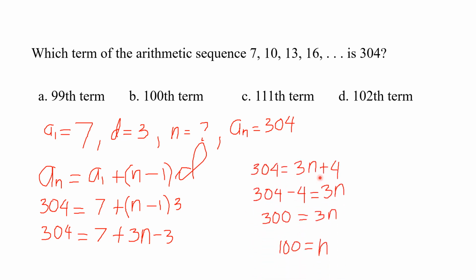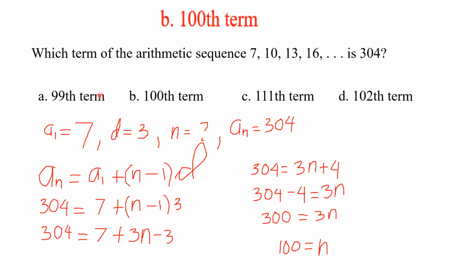Solving now for n, we use the addition property of equality. We subtract 4 on both sides, so we have 300 is equal to 3n. Dividing both sides by 3, the value of n is 100. So therefore, the correct answer is letter B.